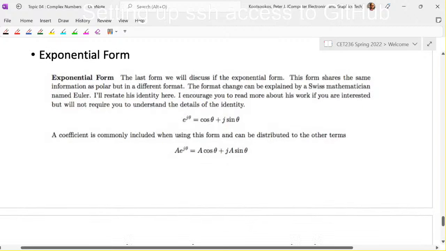Now there's another form that maybe is a little bit more useful, particularly when we're thinking about converting from rectangular form to polar form, and that is this exponential form. To write that same number, 0.707 plus j 0.707, I can write that as 1 times e to the j.